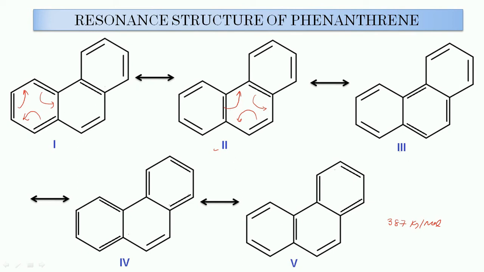So structure number 3 will be formed. In the next structure, this pi bond will shift toward this side, and this pi bond will shift toward this side, and this pi bond will shift toward this side, and structure number 4 will be formed.